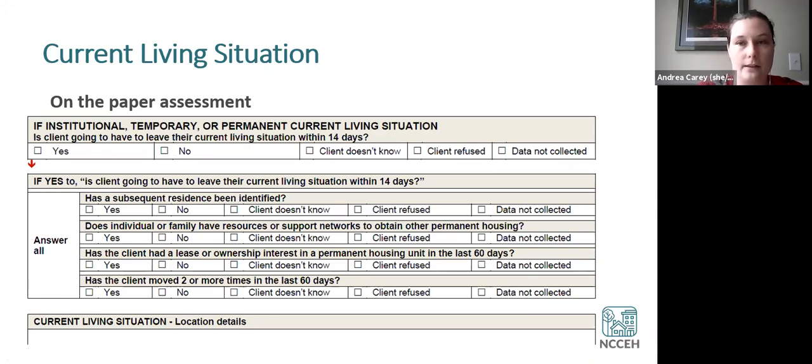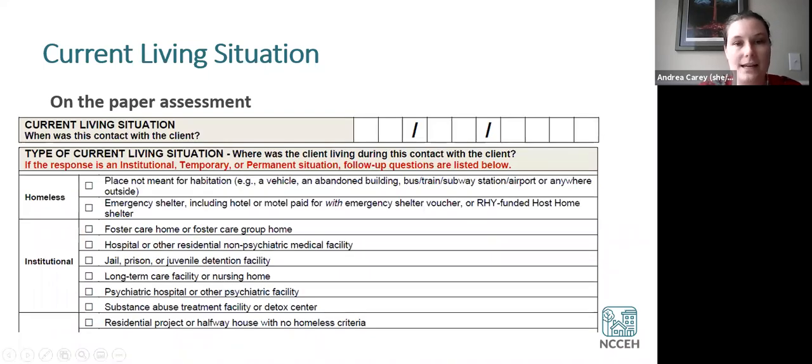All right. I think the other key thing that we want to highlight about this particular data element is, how does this work in relationship to our other questions like prior living situations?